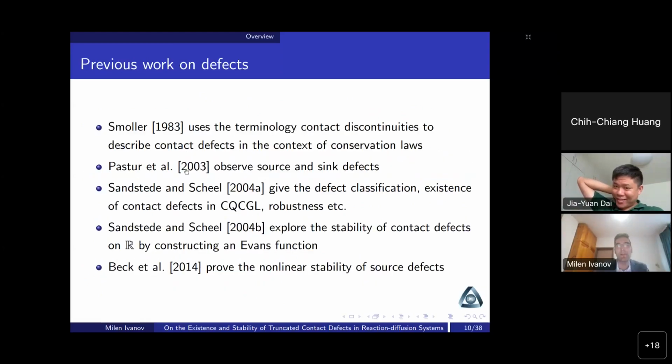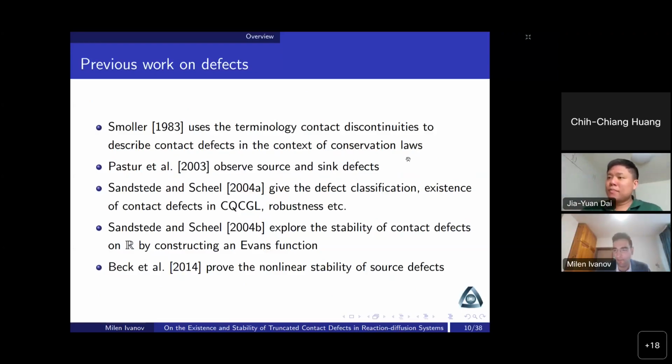Okay, so let's talk about what was done so far on defects. Smoller in '83 calls these contact discontinuities to describe contact defects in conservation laws.